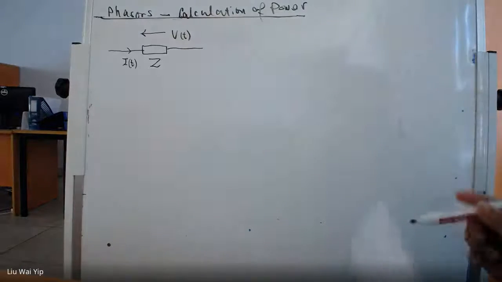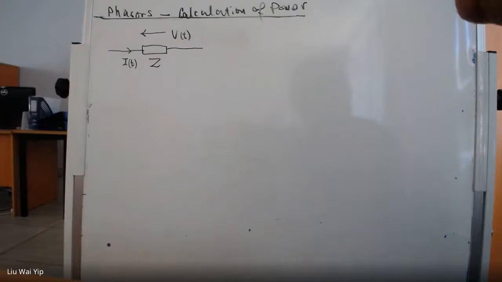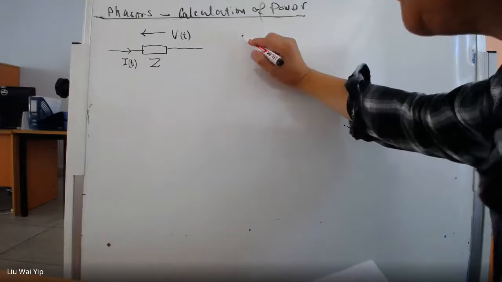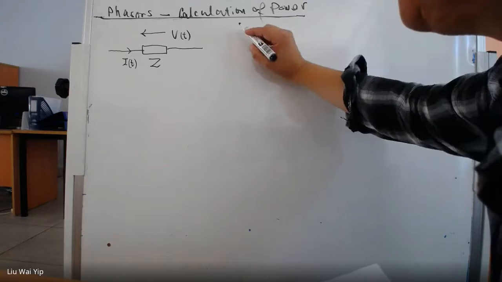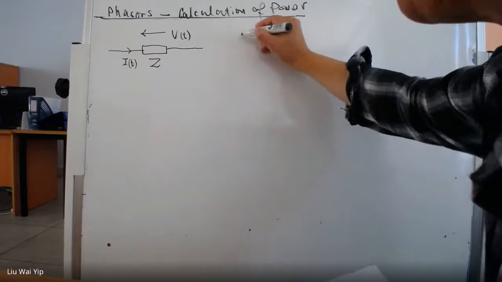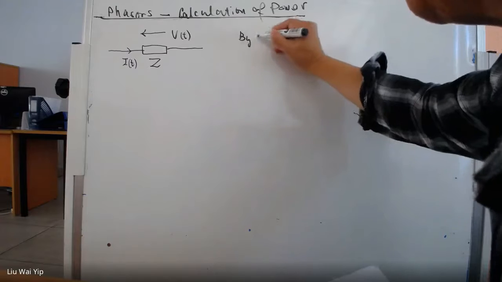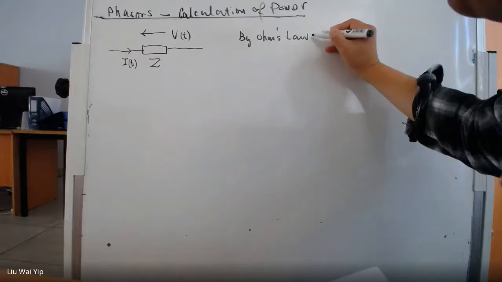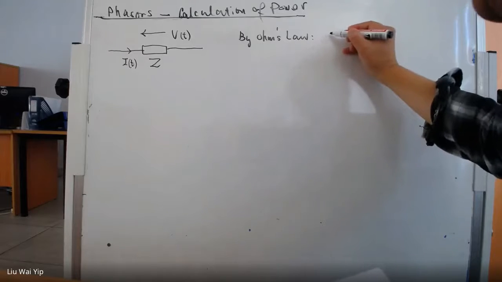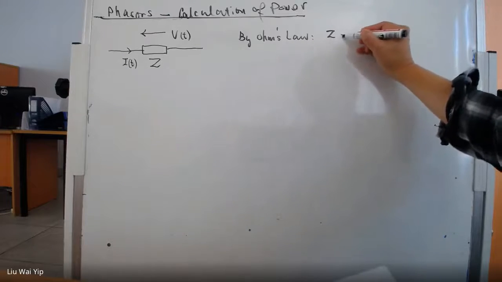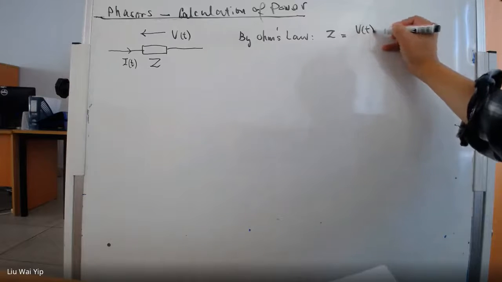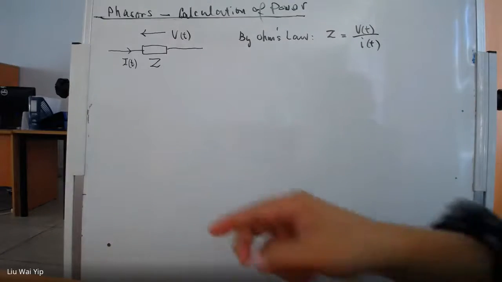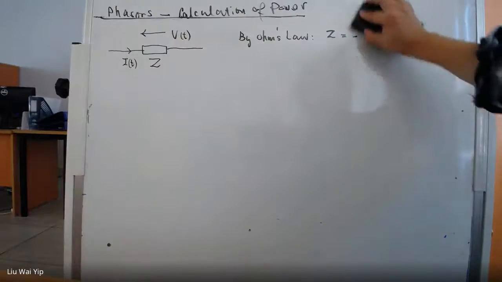So by Ohm's law, V is always equal to Vt divided by It. So all these are very easy to understand.